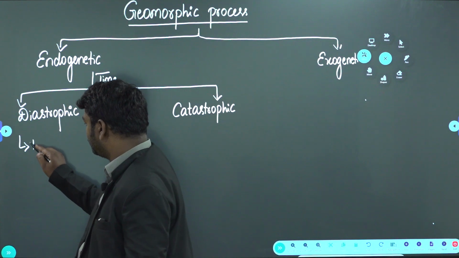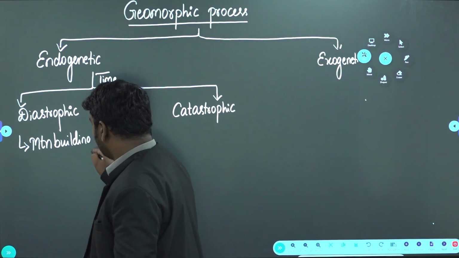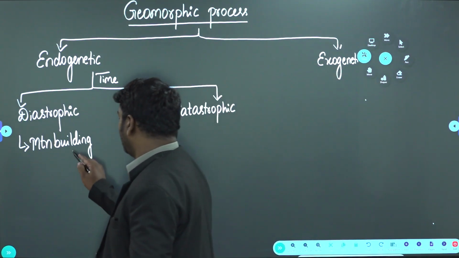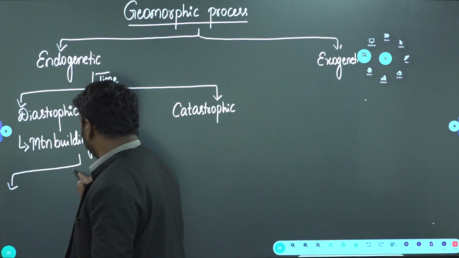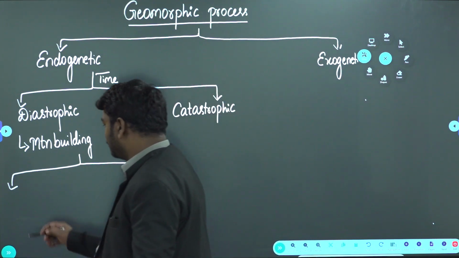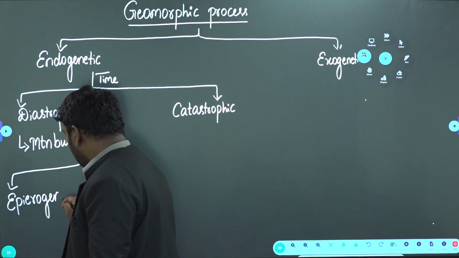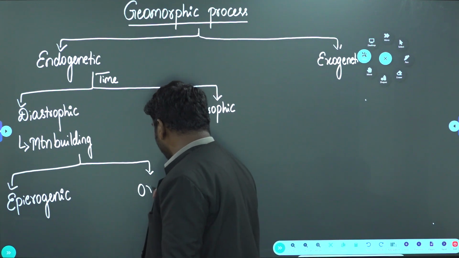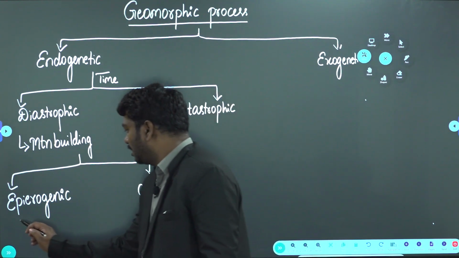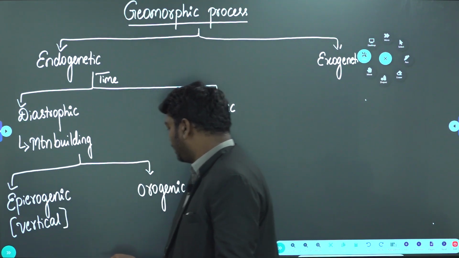Diastrophic will be what? Mountain building, and this slow process is further divided into epeirogenic and orogenic. Epeirogenic means vertical movement.